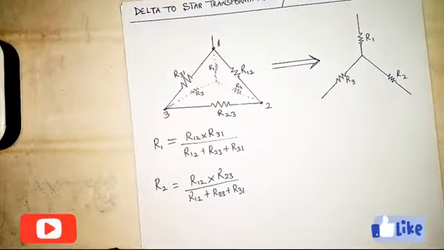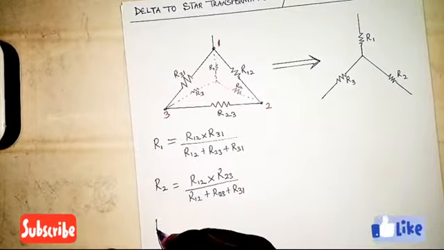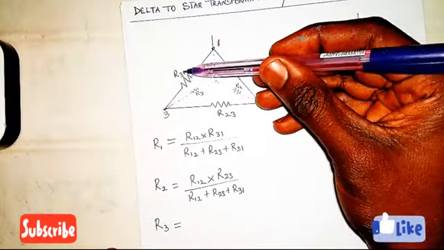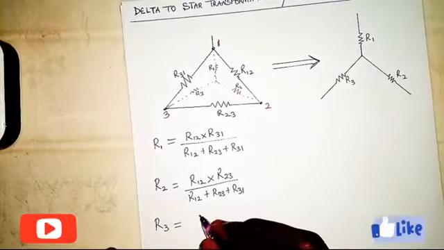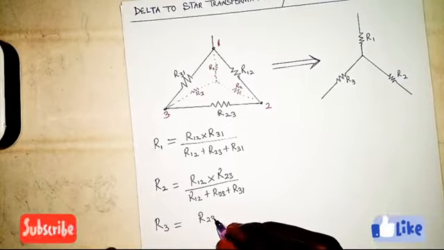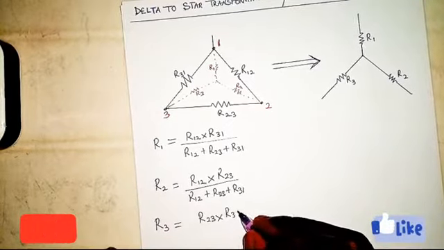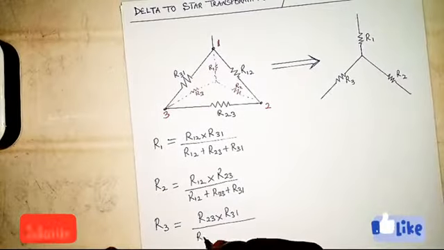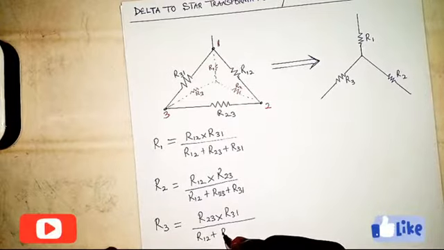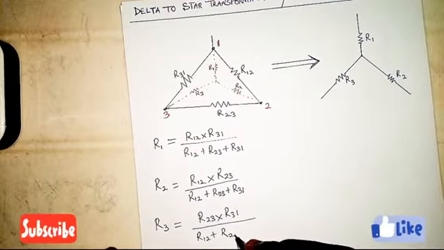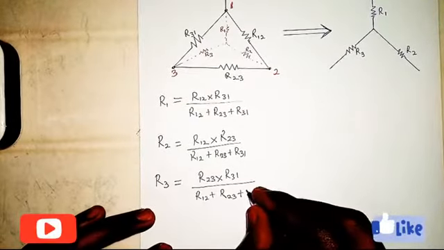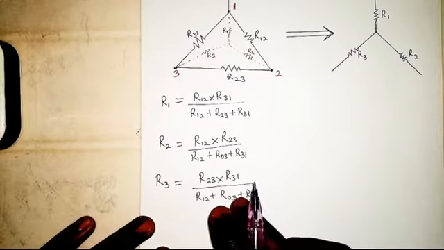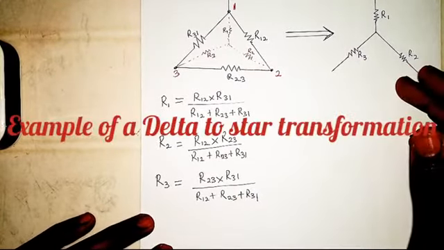In the same way, looking for R3 now, R3 is lying between R31 and R23. So it will give you R23 times R31 divided by the sum of the resistances, which are R12 plus R23 plus R31. This will give you the value of the corresponding resistance in the star connection.